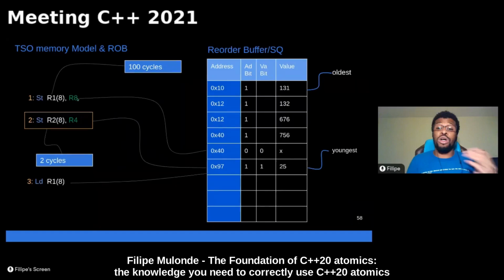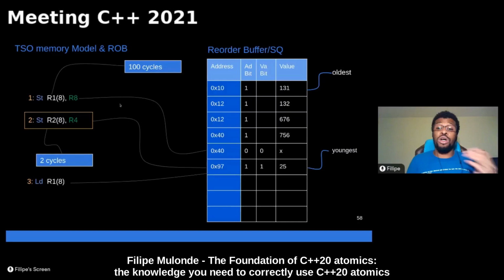So now we have completed. We didn't wait for the first store to complete, right? The first store is still computing its address, but we already finished the execution of the second store. But what's important to mention here is that for the second store, we only update the architectural state, we only update the memory, when the first store completes.